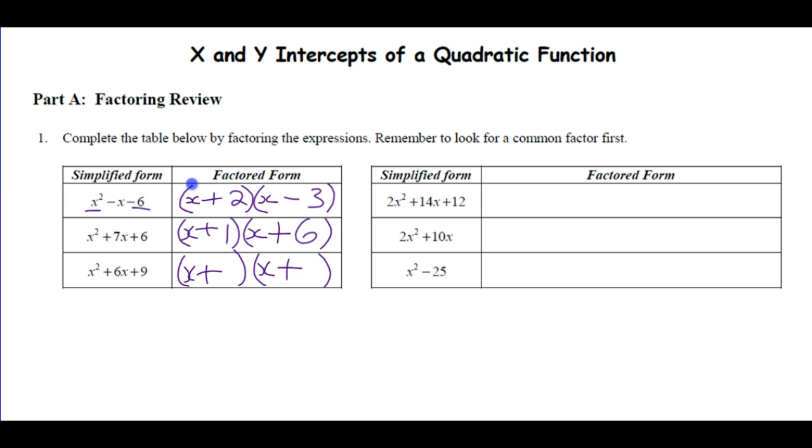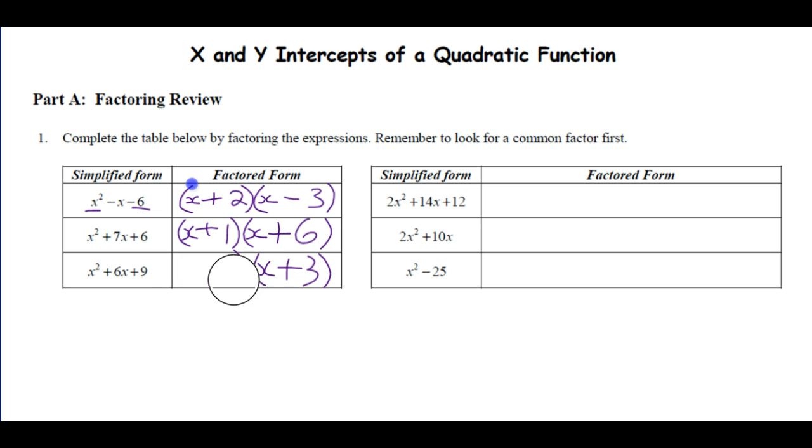I'm looking at the sign of the last term saying, hey, that's negative, I need a plus and a minus. Hey, that's positive, and so is that, they're both pluses. And this one here is the same. So two numbers that multiply to 9 and add up to 6: 3 and 3. Okay, and you could check that, right? X squared plus 3x plus 3x is plus 6x plus 9.